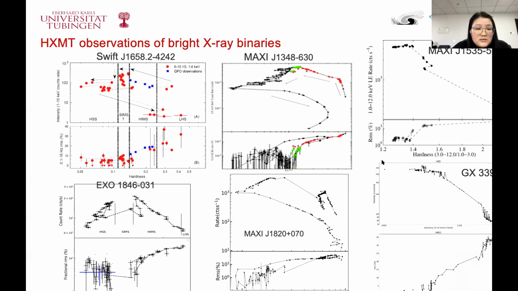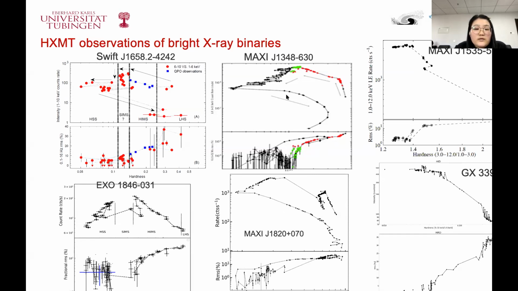For the last 4 years, frankly speaking, it has been a carnival festival for the X-ray sources for HXMT observations of bright X-ray binaries. We have observed many bright new X-ray sources like MAXI J1820, and also MAXI J1535-571, and also the most recent one, MAXI J3048. And we are able to trace the whole outburst of the X-ray sources.